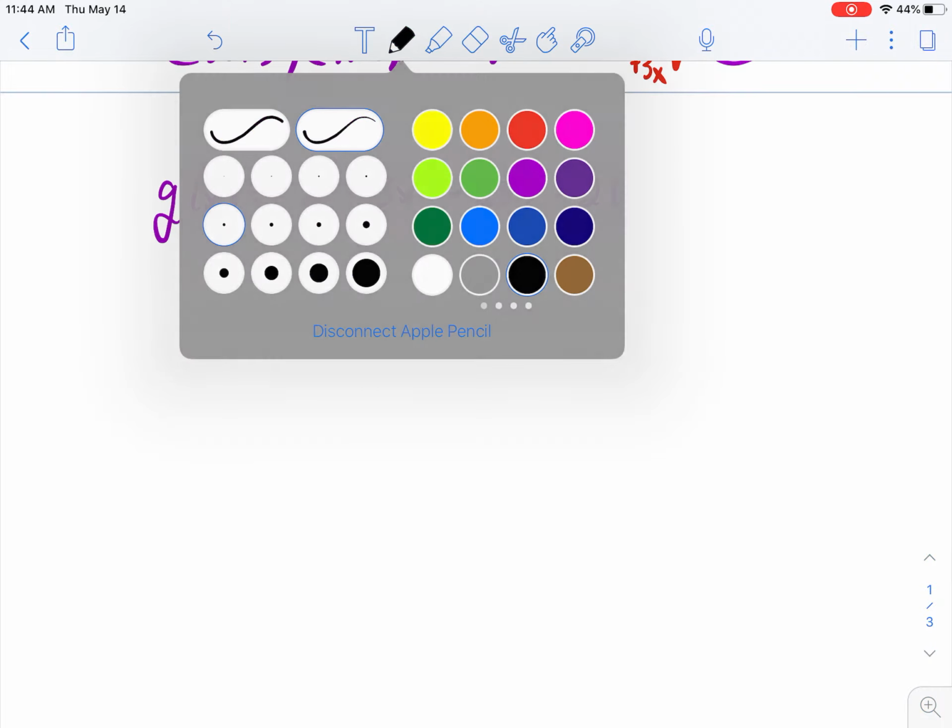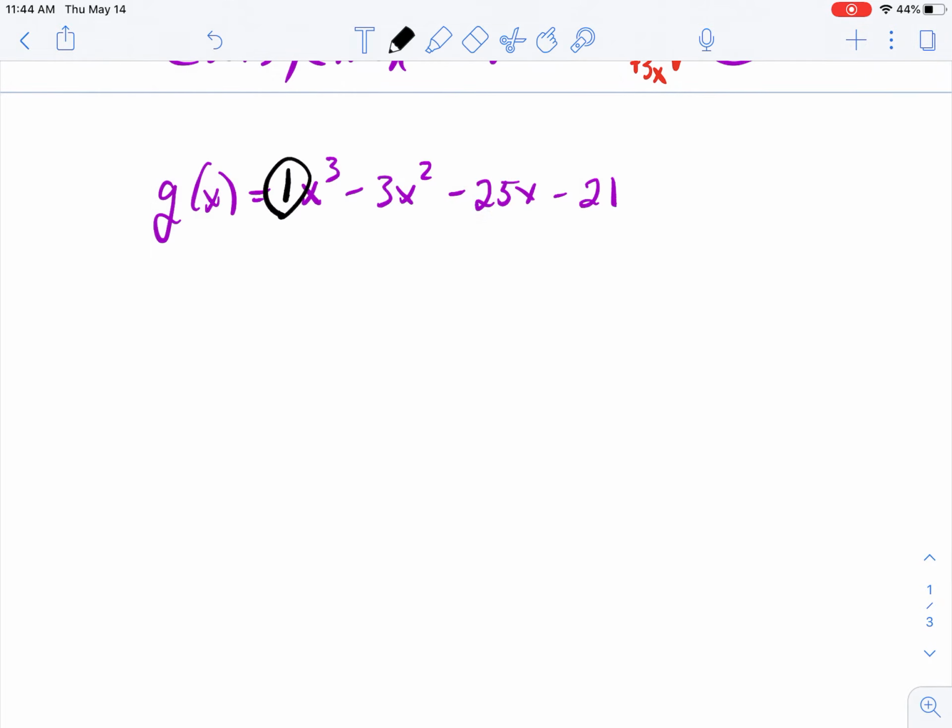Now there's a thing called the rational root theorem, where you look at the numbers here and you look for all the possible factors of that, and the only ones that will go into 1 is plus or minus 1. Now 21, all the different numbers that will go into 21 would be 1, 2 doesn't go, but 3 does, 7, and 21. And these are all plus and minus of those.